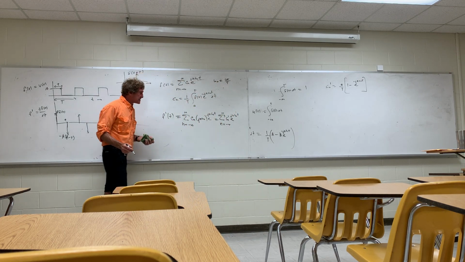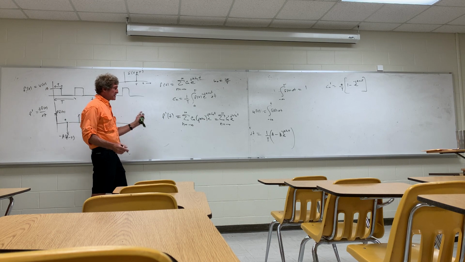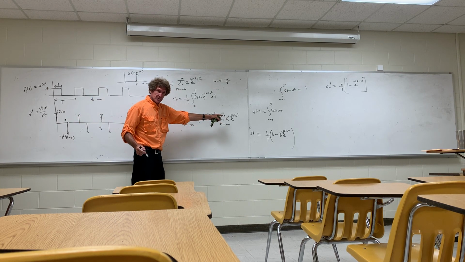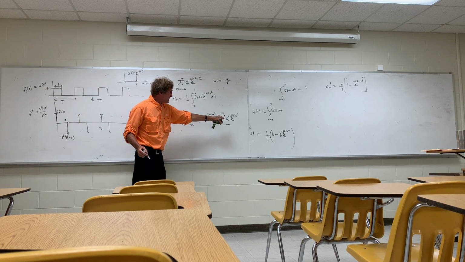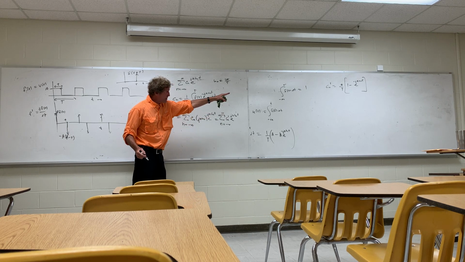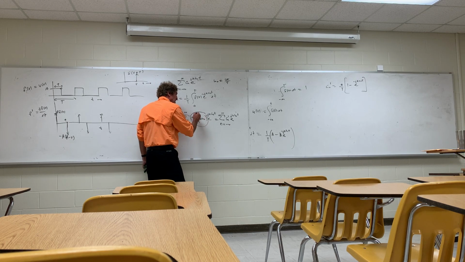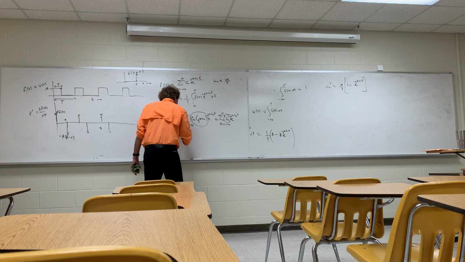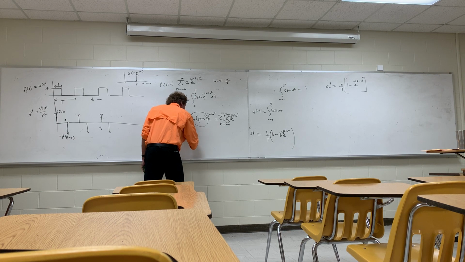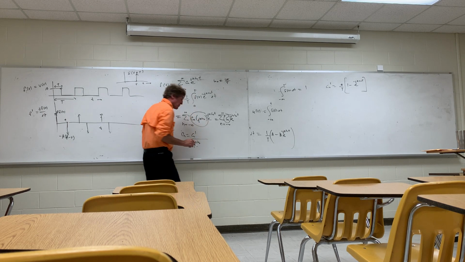And if you look at this, remember, because it is repetitive, it can be expressed as a Fourier series, right? We calculated C n prime, didn't we? Just that one right there that I'm going to mess with in a second. That means this is equal to this, or I can say my C of n is just equal to C of n prime over j n omega naught. With me?